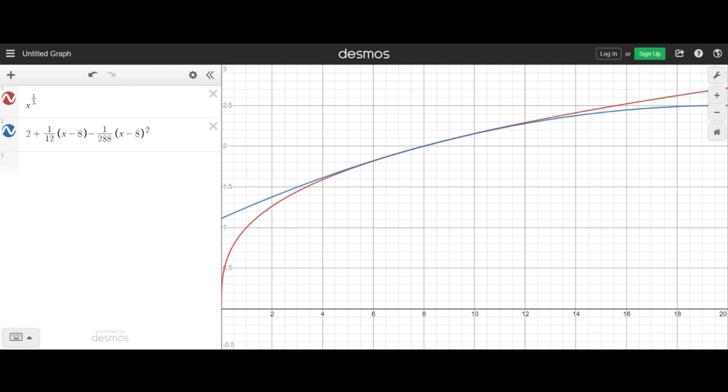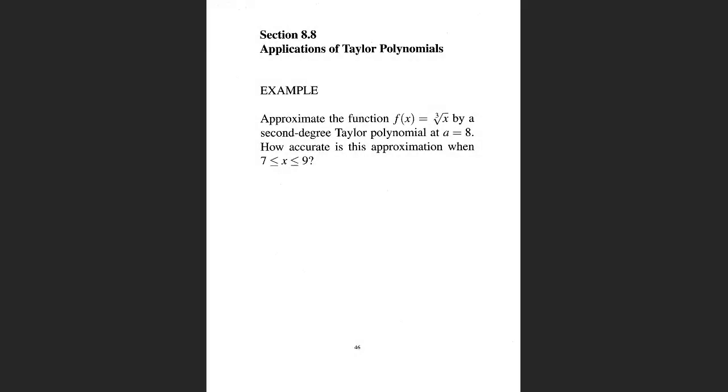So we've basically graphically verified that our answer looks pretty good, and we can say then that the cube root of x can be approximated by this second degree Taylor polynomial.